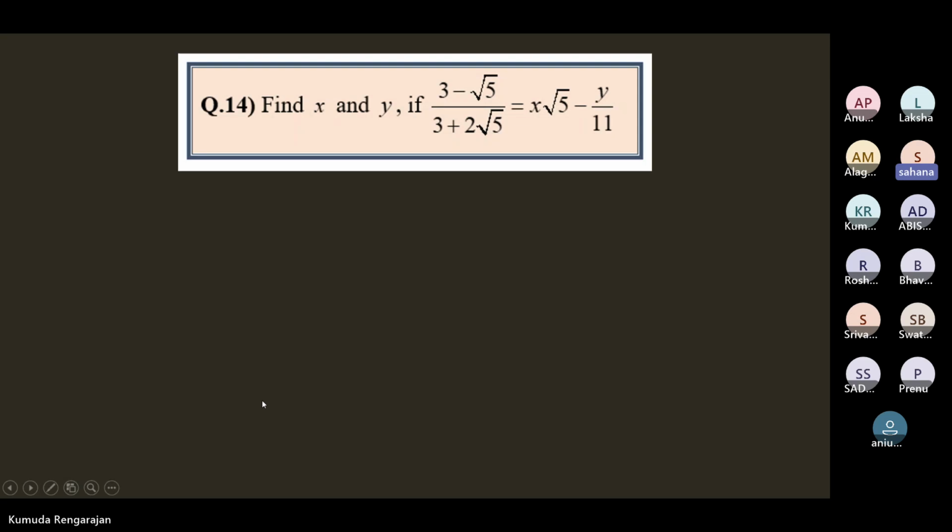Y is equal to minus 19 by 11, ma'am. You cannot get minus 19 by 11. Just compare correctly. Ma'am, sorry, ma'am. Minus 19. Okay, minus 19 and x is what? 9 by 11, ma'am. Okay, x is 9 by 11 and y is? Minus 19, ma'am.